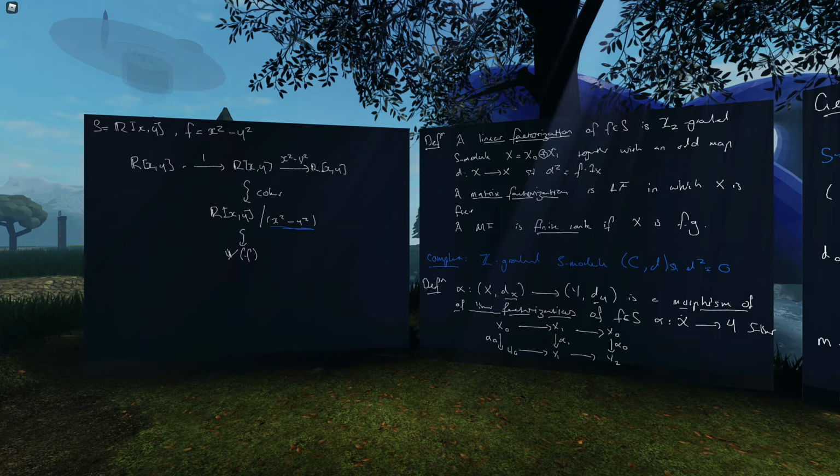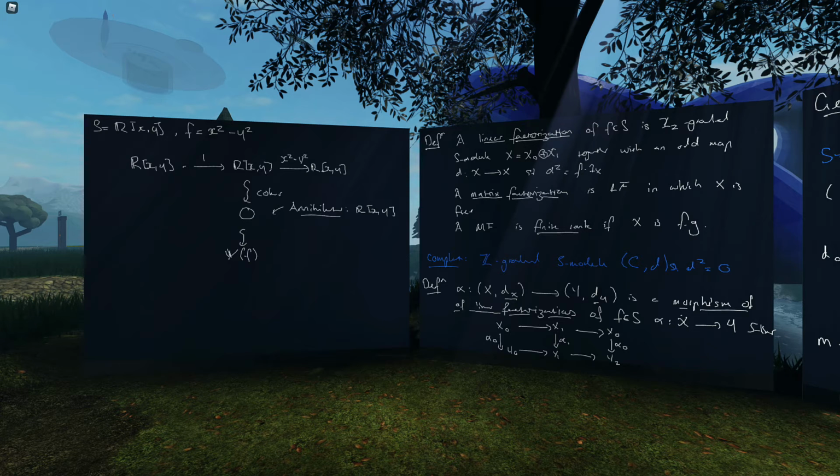Well, then the co-kernel of this thing is going to be 0, a module which is annihilated by, so the annihilator is R(x, y) in this case.